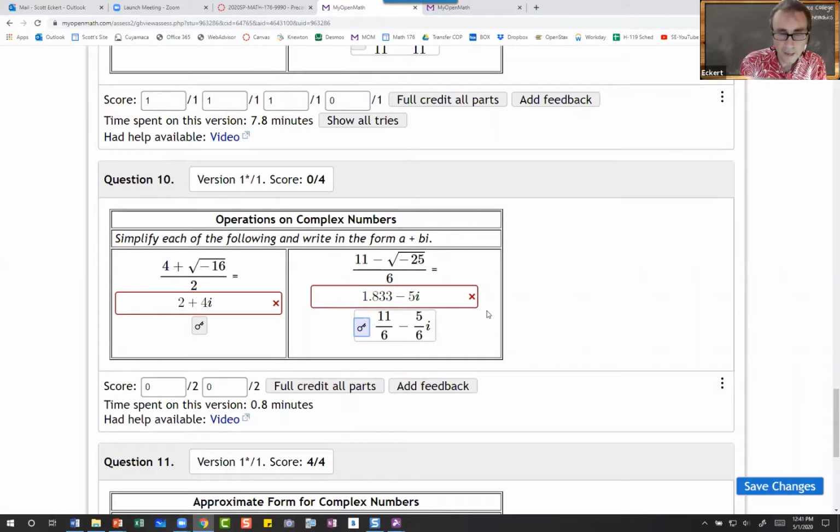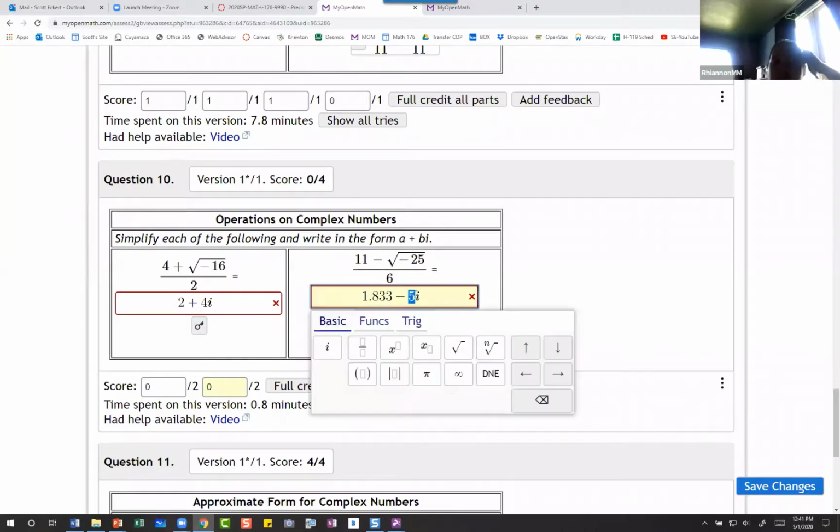Okay. And here, this one, for instance, I would have left just like it said it wanted it, because they didn't divide into it nicely, but then it didn't want to take it that way.